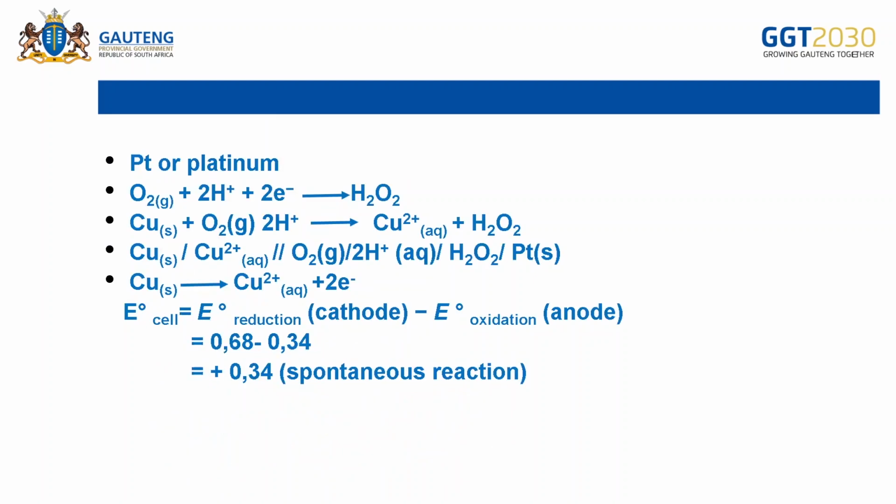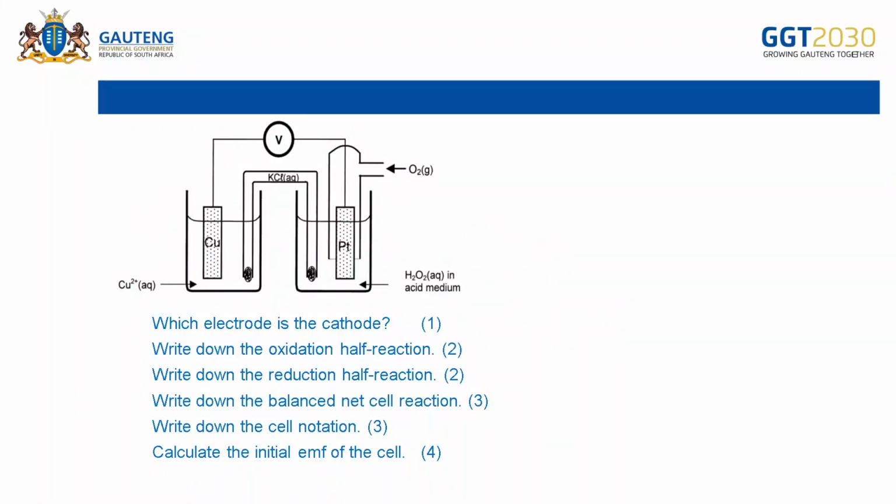The O2H was for the previous question, the one that says write down the oxidation half reaction, and then write down the one for reduction. It is the one which is CuO2 and Cu2+. Then next question, which you're always going to get, write down the balanced net reaction.